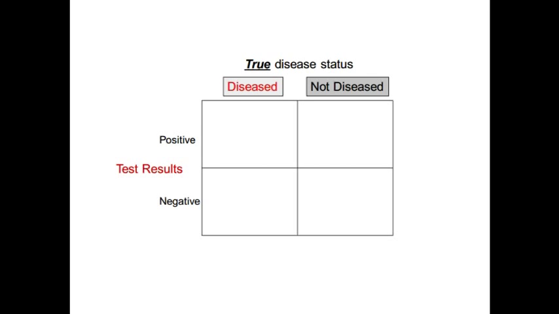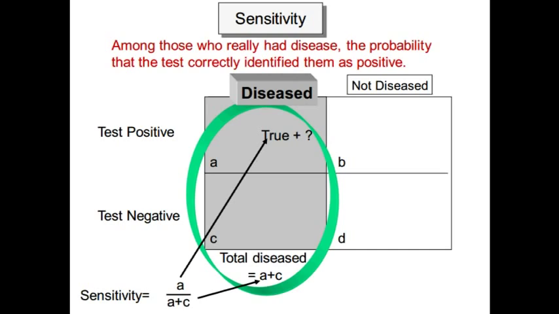So now, let's see how to calculate sensitivity. As I said earlier, sensitivity is how accurate our test is in identifying disease in the people who truly have the disease. So amongst all those who are diagnosed as being diseased, how many of them actually tested positive by the screening test?